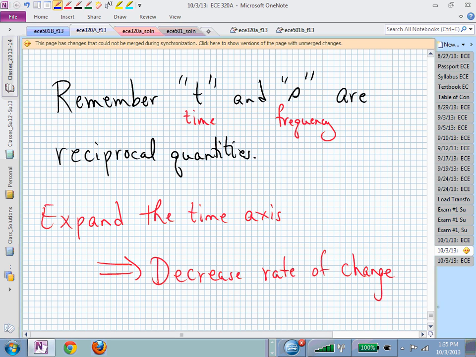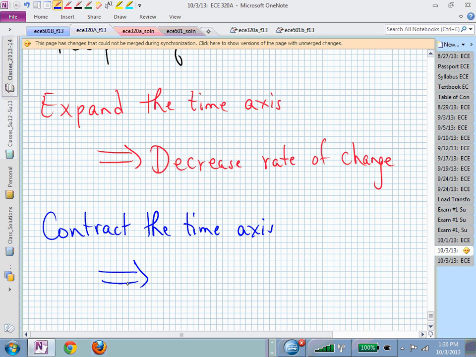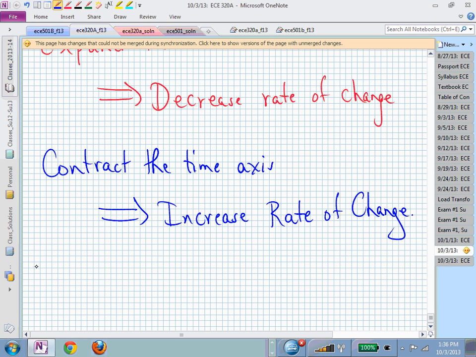If you did just the opposite, if you compressed or contracted the time axis, now the number of maxima in the same length of time allows you to say that you now increase the rate of change. Questions on those three frequency or operational transforms?